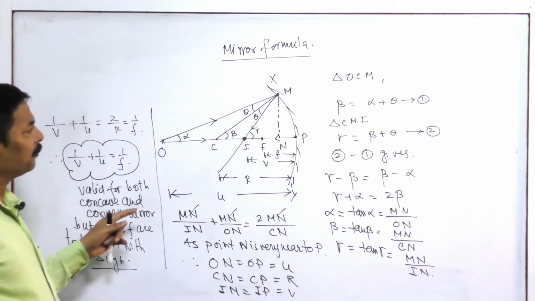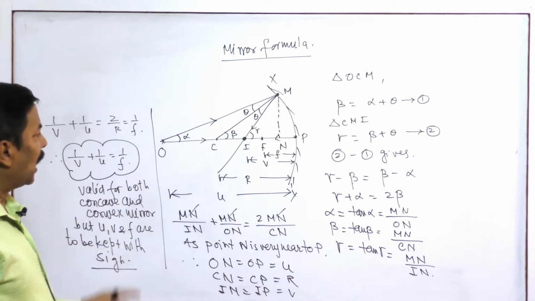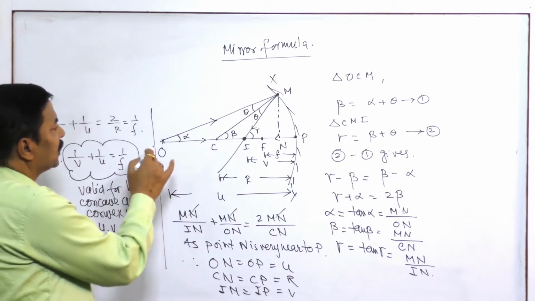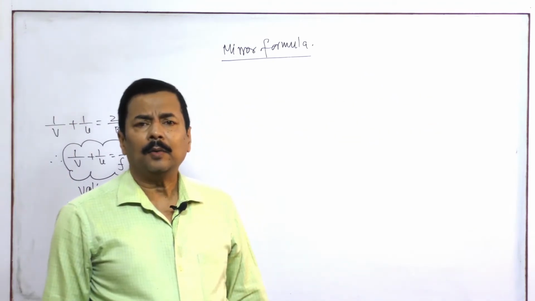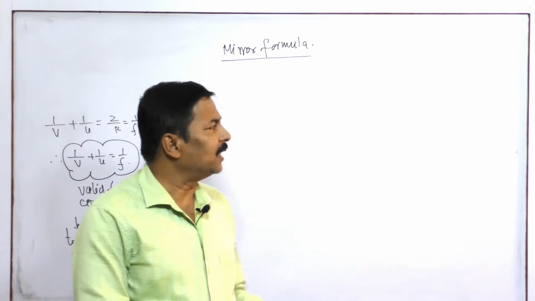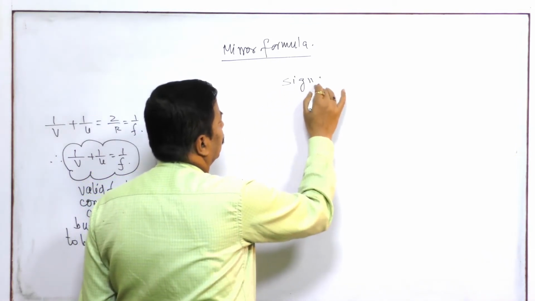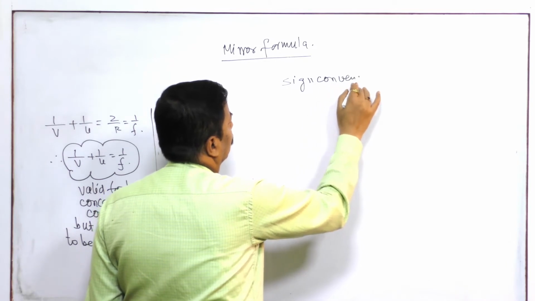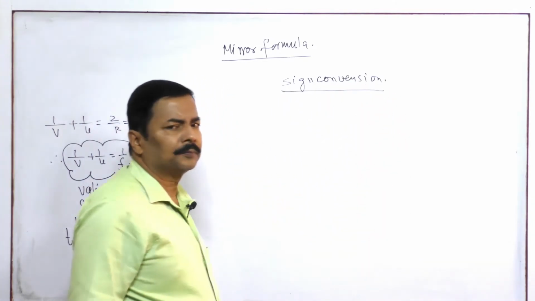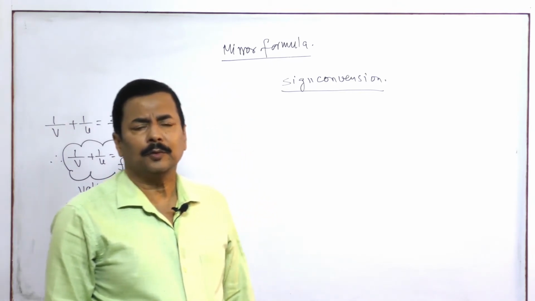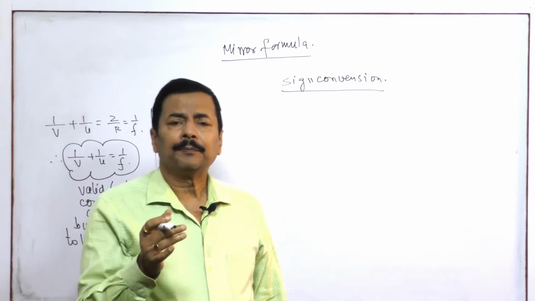So this is the simple proof of your mirror formula, and I have kept the object as a point object on the principal axis. Now we will try to understand the sign convention. Don't confuse it with the sign convention given in some books.